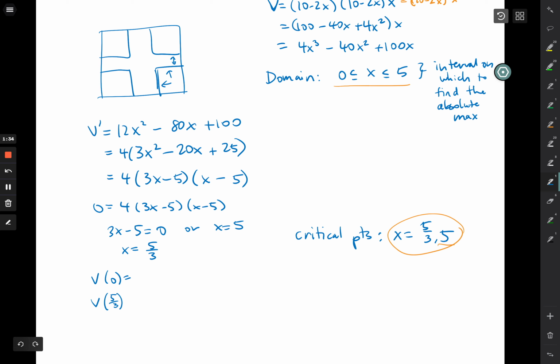Remember, if a critical point lies outside of that interval, we ignore it. But in this case, it does lie between 0 and 5. So we will evaluate V there and then also at 5.